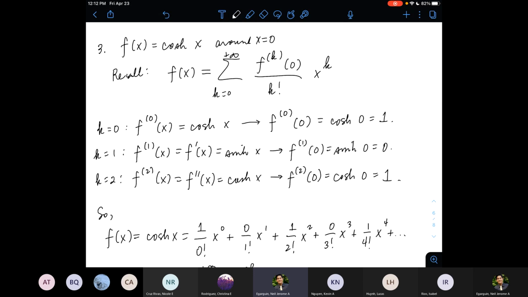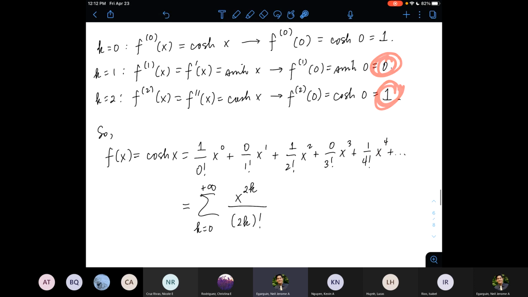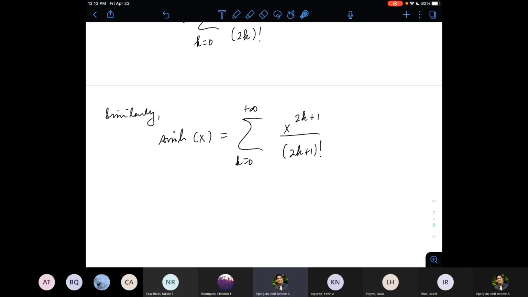Because you see, you would have started with k equals 0 here. This would be your k equals 1. And the same pattern goes on. So you'll have 0, 1, 0, 1, 0, 1. So the rows will just be interchanged here. So only the odd powers will remain. So this would be our expansion for hyperbolic sine of x.